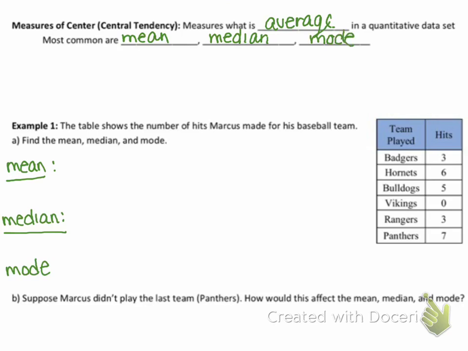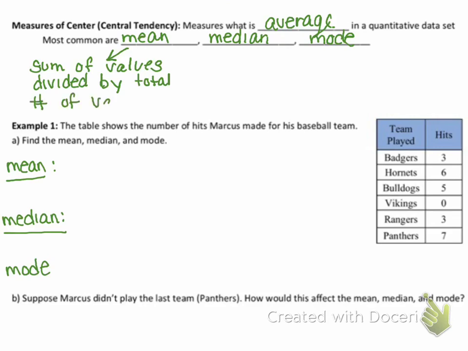You may remember how to find them, but in case you don't, your mean is the sum of the values in your data divided by the total number of values. We're going to look at a few examples in just a second.